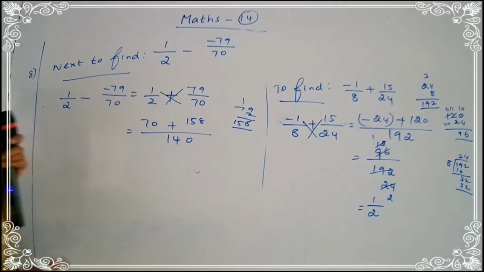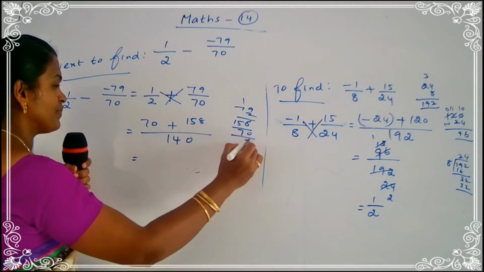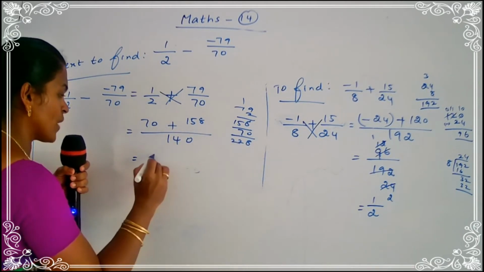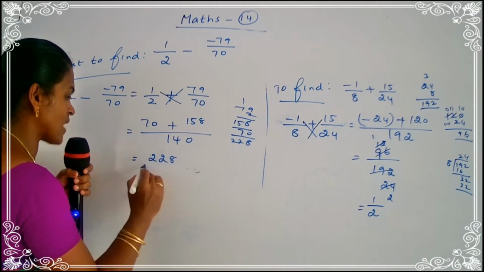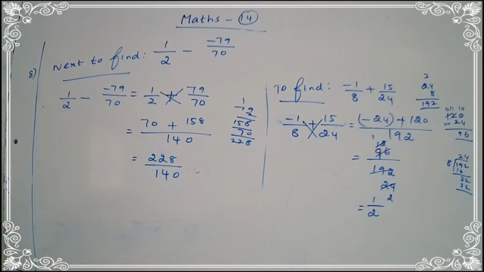Now you add 70 plus 158: 228 upon 140. Yes, children?